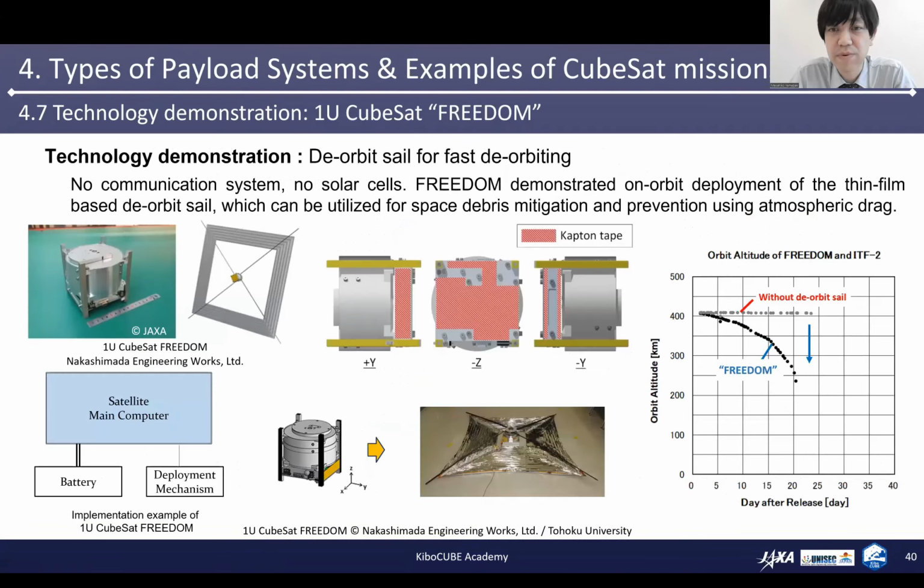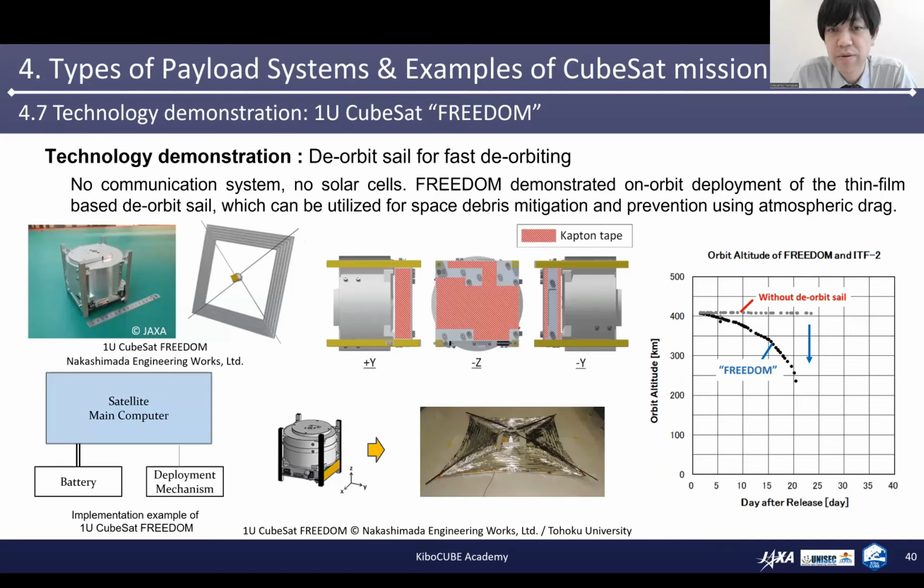The next example is orbit demonstration of a thin film deployment mechanism. This example is a 1U CubeSat, Freedom. The payload was the deorbit state for fast deorbiting and re-entry into Earth's atmosphere from the ISS orbit.